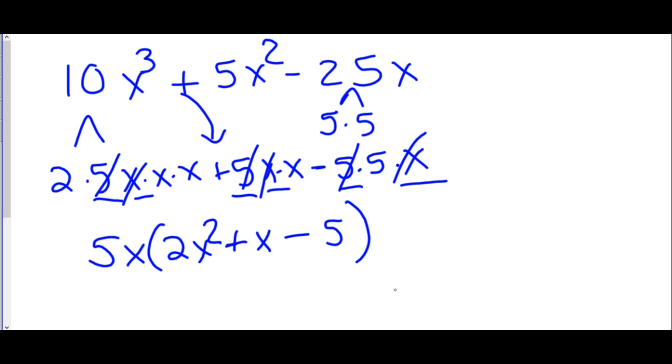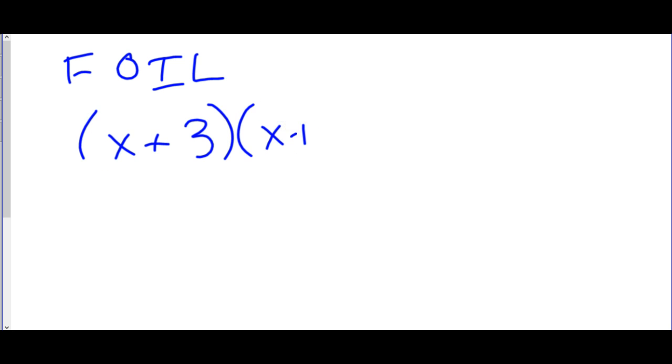Now that we know how to do greatest common factor, we can do quadratic factoring. Quadratic factoring is the backwards of FOIL. So I'm going to review a FOIL problem just so we can talk about how to do the factoring. If I have x plus 3 times x plus 5, we multiply first times first. x times x is x squared.